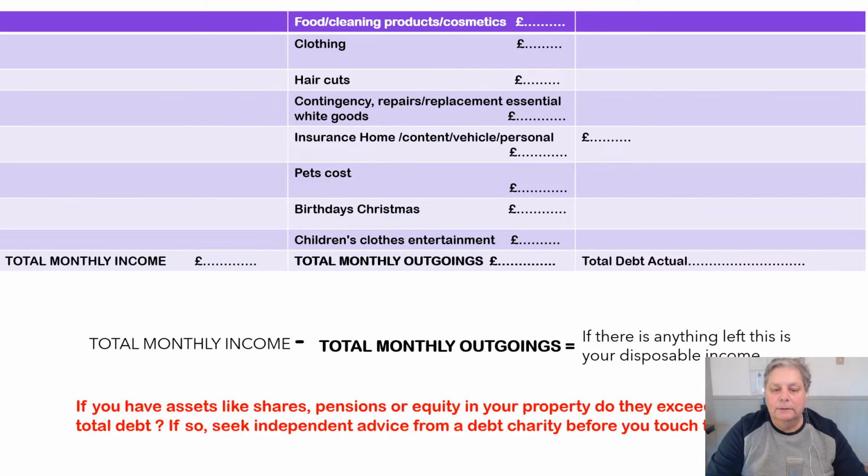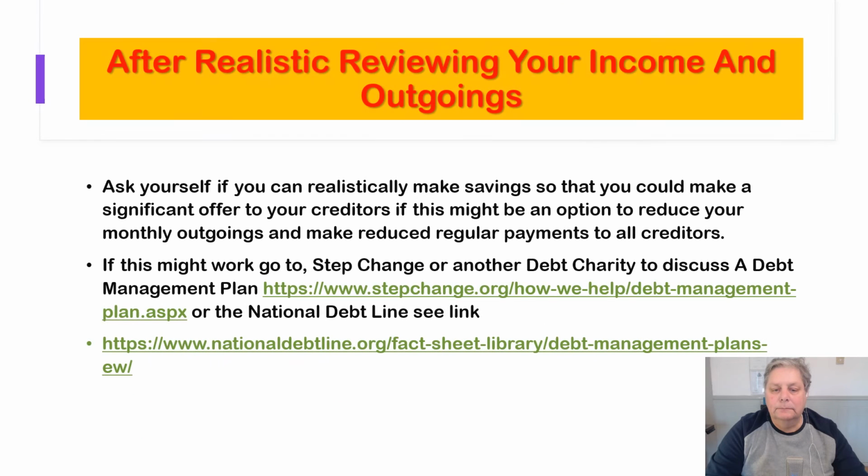Next slide. So this will help you realistically review your income and your outgoings. Ask yourself if you made savings, if you didn't shop at Waitrose, you shopped at Aldi or Lidl, other shops may be available, so that you can make a significant offer to your creditors.